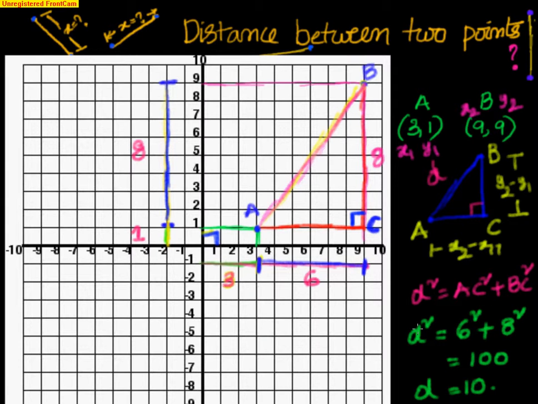Now we substituted the values: AC equal to 6, BC equal to 8, and we arrived at d equal to 10. So this is how we were able to get the distance between 2 points. Now let's give the generic formula for this, and also solve some problems applying the concept of distance between 2 points.